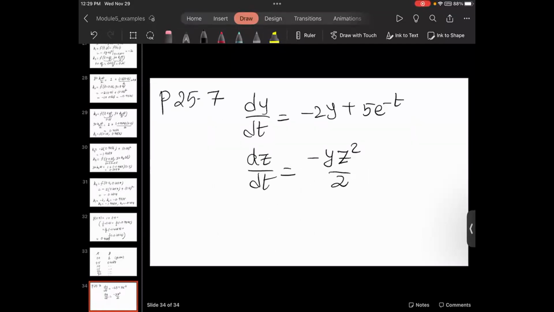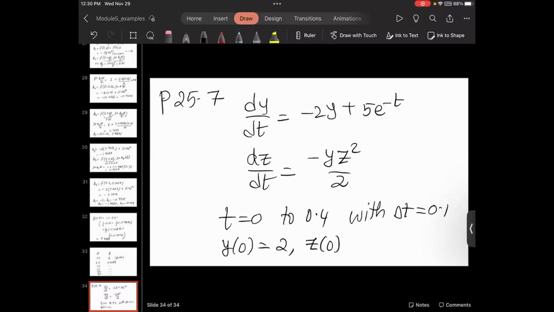Solve this over the range of t equals 0 to 0.4 with a step size of 0.1. So we are asked to solve this from t equal to 0 to 0.4 with a delta t of 0.1. And initial conditions are y of 0 equal to 2, and z at time 0 equal to 4. This is the problem statement.